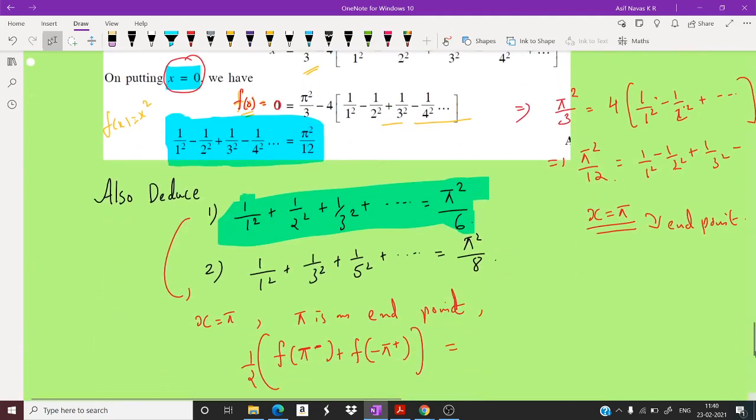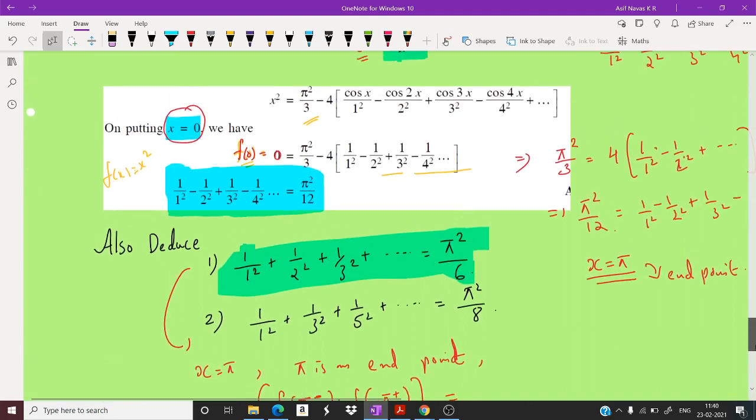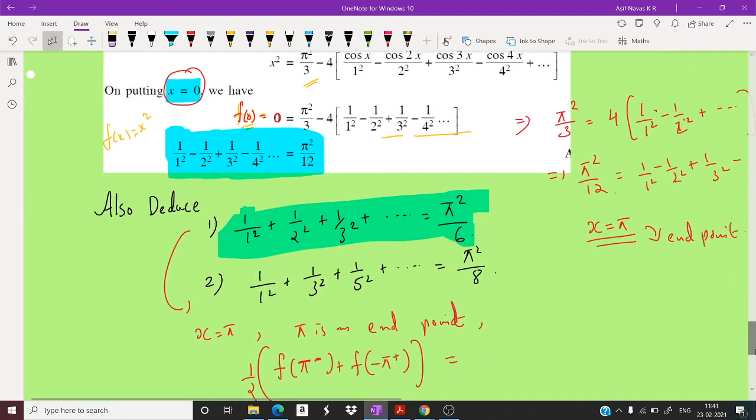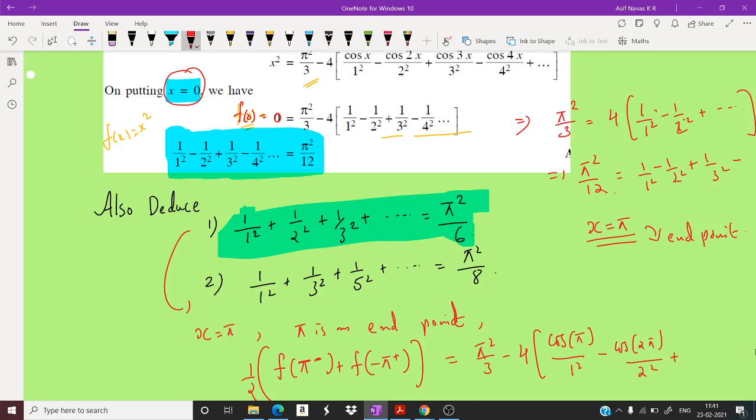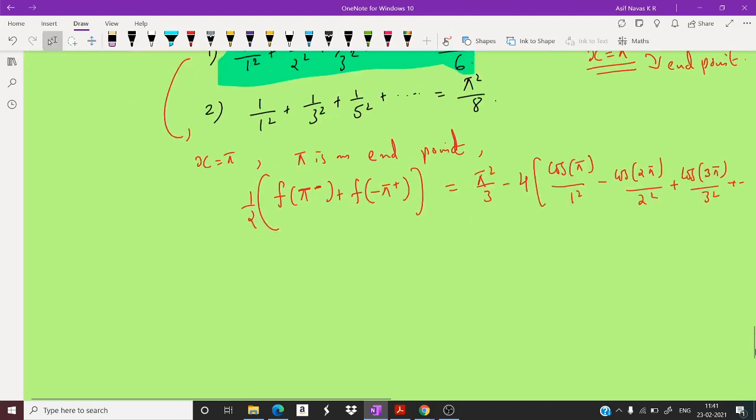So this is very important, because if it is a point at the endpoint, then you can write this as pi square by 3 minus 4 times cos pi by 1 square minus cos 2 pi by 2 square plus cos 3 pi by 3 square, etc. Okay, so what is f of x?